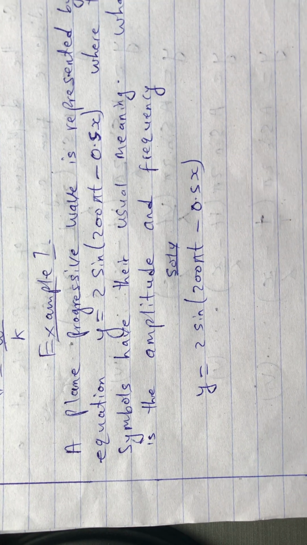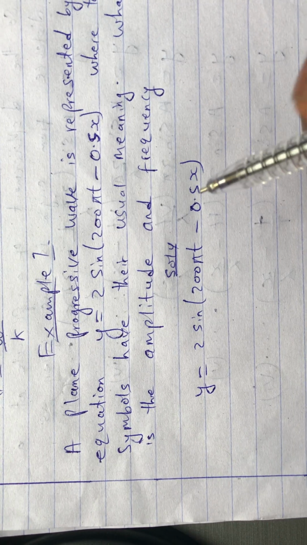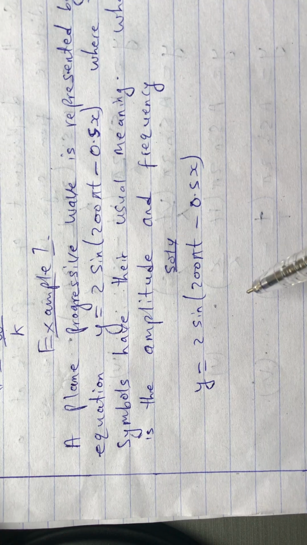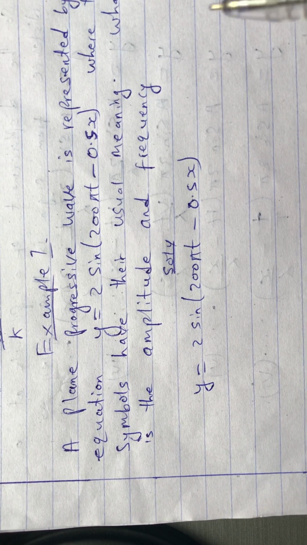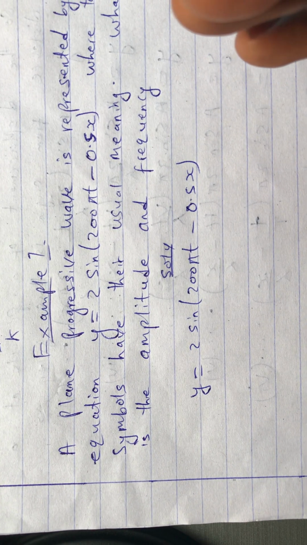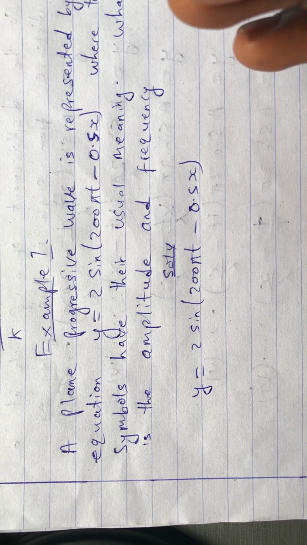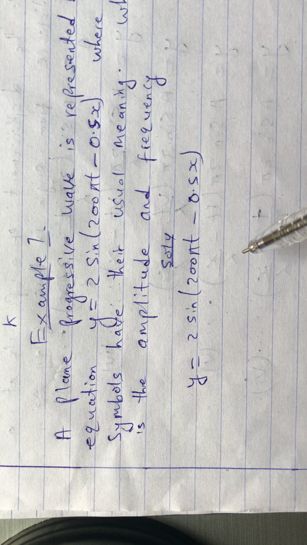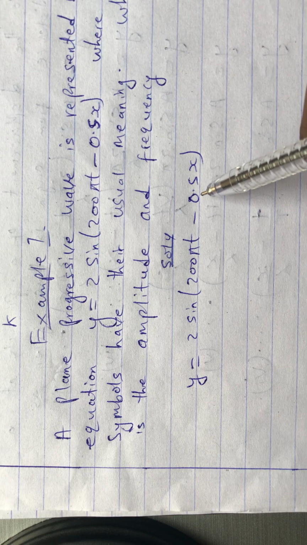In this equation, we are to find the amplitude and the frequency. The first thing you're going to do, this is what I tell my students, is compare it with the equation that resembles this. Among all the equations that I listed before, one of them resembles this equation. You simply compare it.